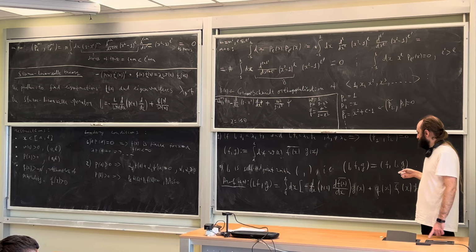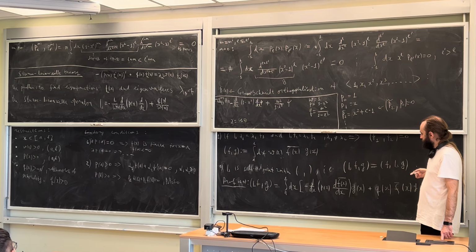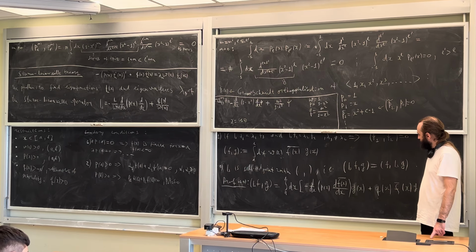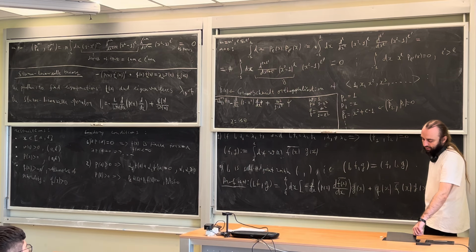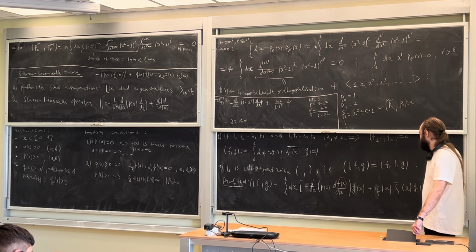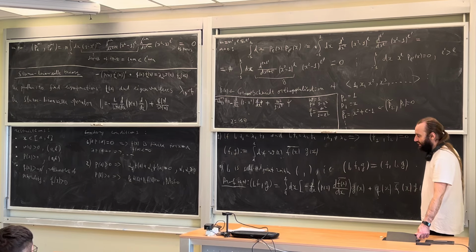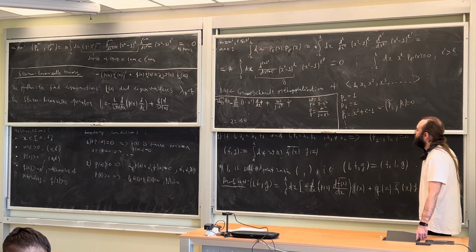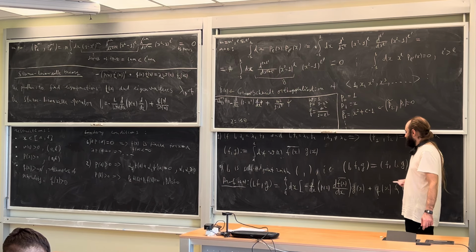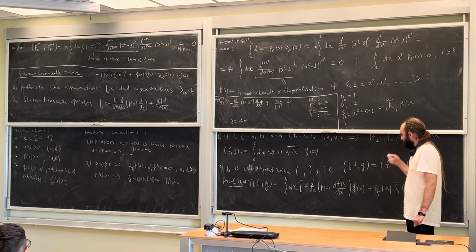If you want this operator to be self-adjoint, then these functions... I know in principle we have options to write something complex, but I don't want to do this. So they all are real, and in our case, even positive.